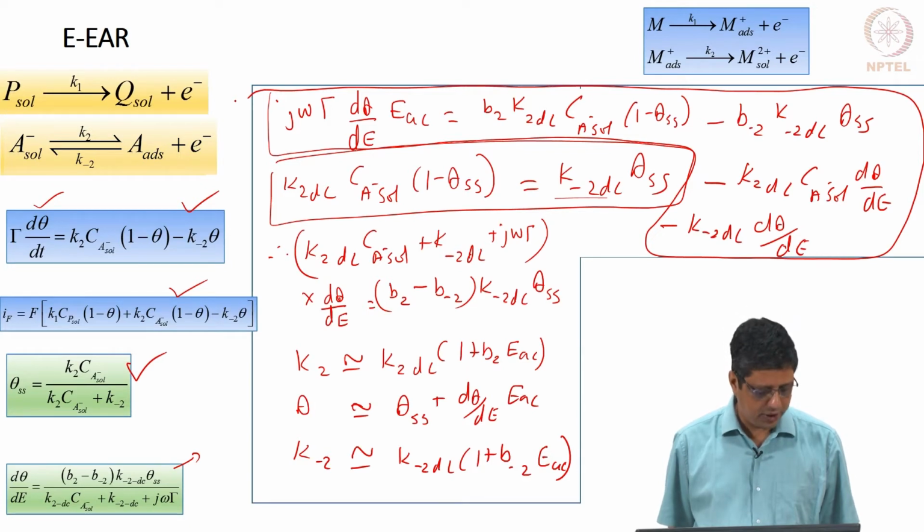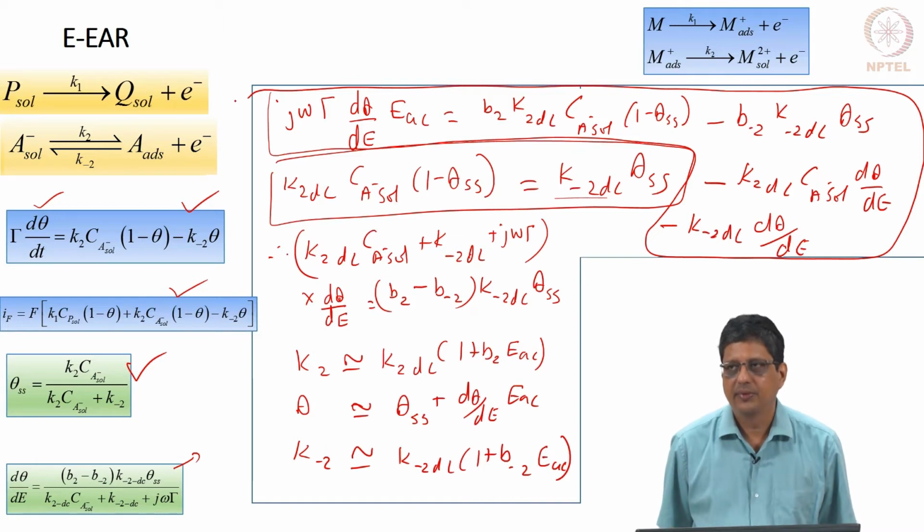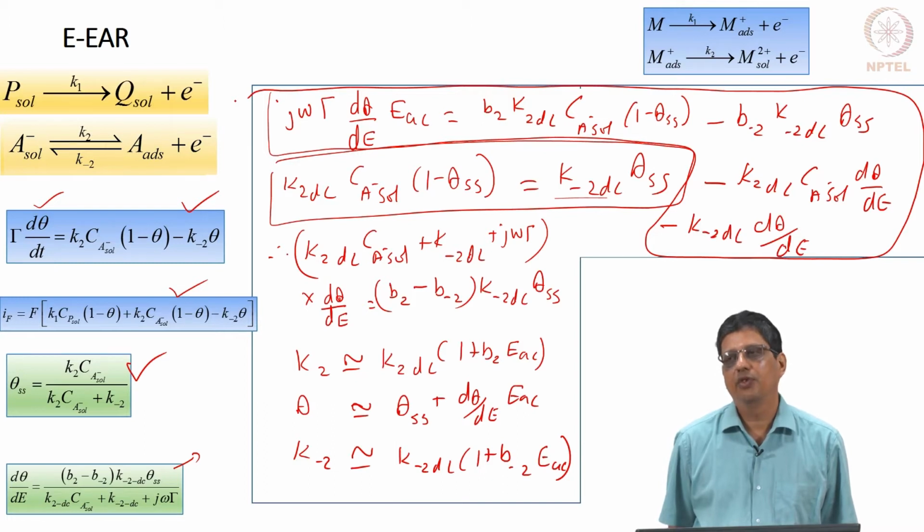no algebraic manipulation. So, what is the exact use of theta SS? Why are we calculating theta SS? See, basically if I give you kinetic parameters, I would like you to be able to predict the impedance spectrum at a given DC potential. Okay.